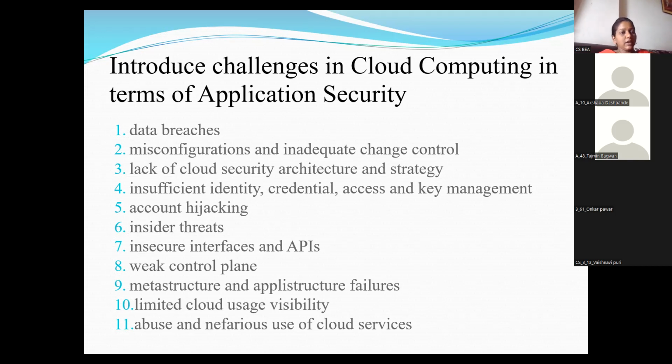From phishing and credential stuffing to weak or stolen credentials, to improper coding, the account compromise can lead to data breaches and service disruptions.